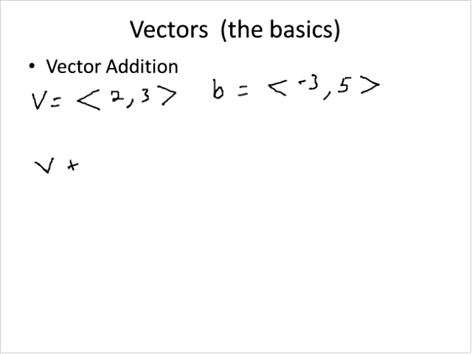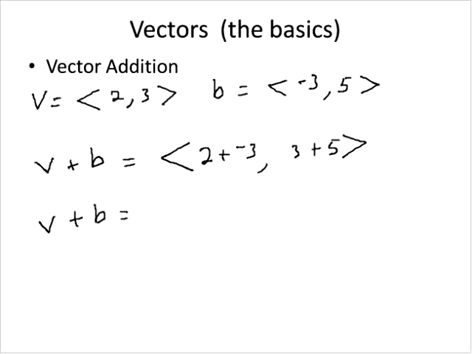If I wanted to add these two vectors, all I do is add the first components and then add the second components. So I'm going to take 2 plus -3, 3 plus 5. So vector v plus b is the vector <-1, 8>.